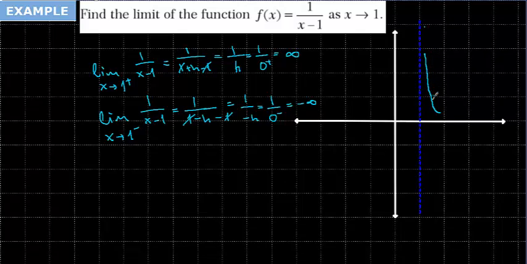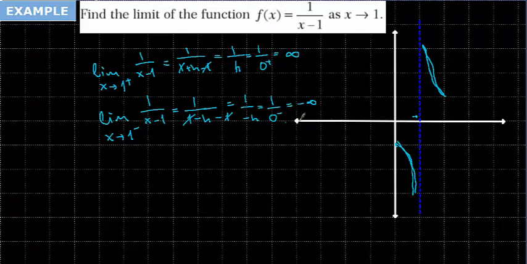Here it's going to be like this, and when x gets closer to 1 from the negative side, from this side, when you get closer to 1, the function is going to minus infinity, so the function should be something like this here.